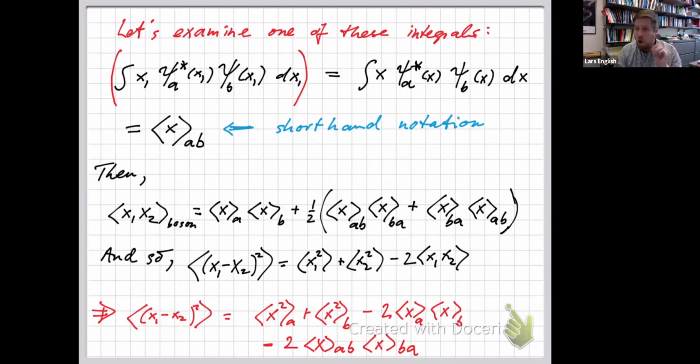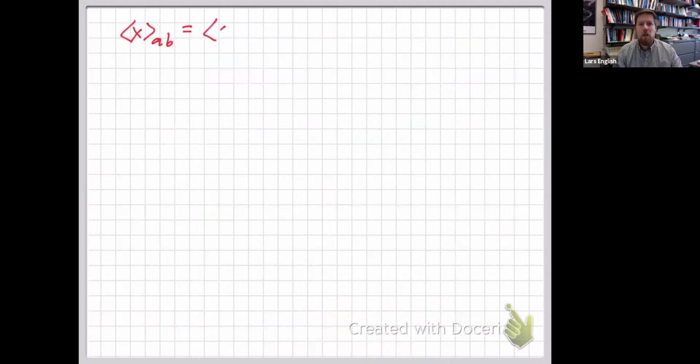Now, there's one more step that we can take that simplifies this even more. Namely the fact that per our definition, the way we've defined this object, we can very easily see that when I swap the indices, I add a complex conjugate symbol overall.